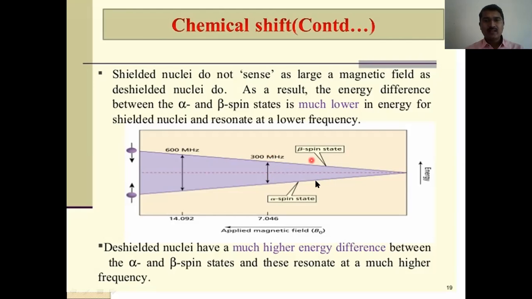This is the beta spin state, lower is the alpha spin state. Here the tau value is 7.046, here 40. Applied magnetic field. Deshielded nuclei have a much higher energy difference between the alpha and beta spin states, and these resonate at a much higher frequency.